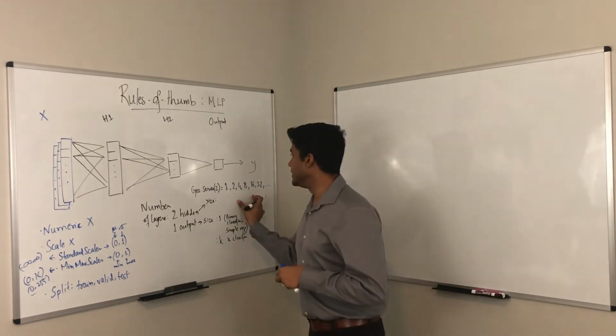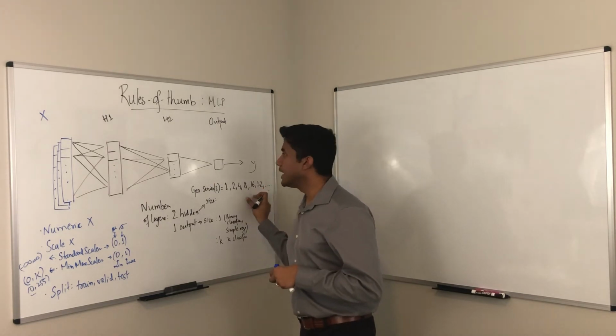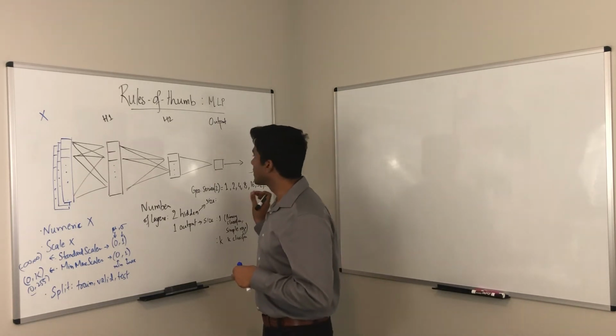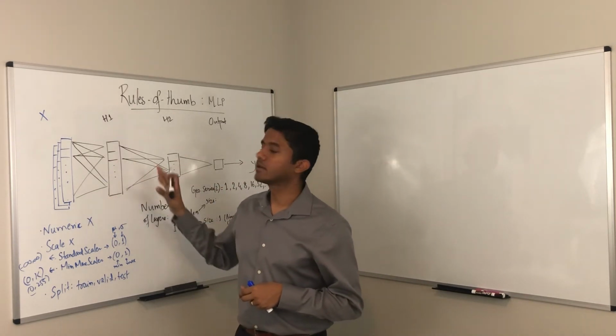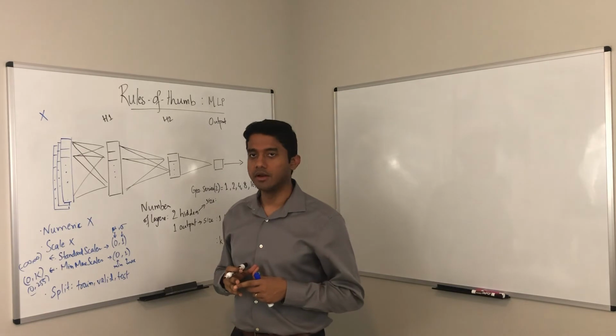From this series, take the number which is closest to half the number of features that is coming as an input to this layer.